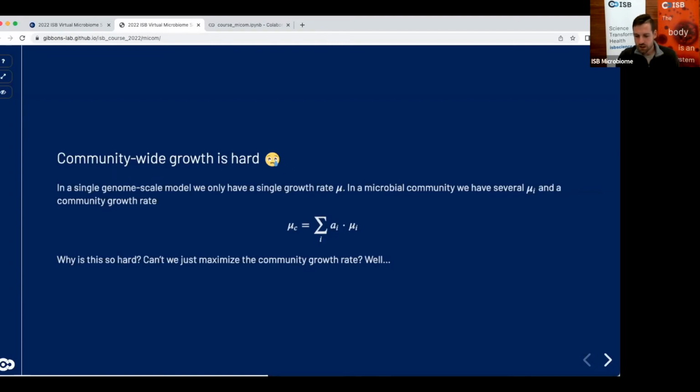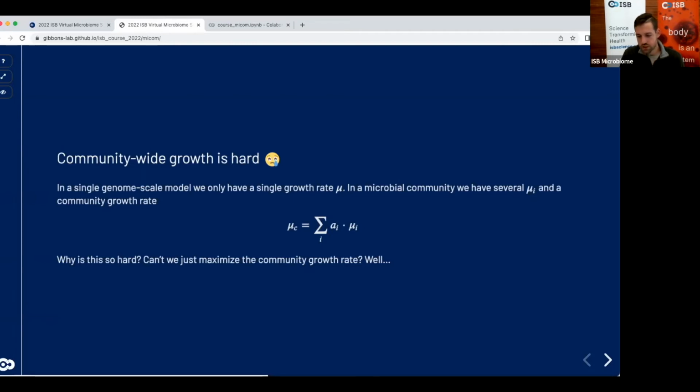In a genome scale metabolic model, for a single bacterium, we only have one growth rate, which we can designate mu. In a microbial community, however, we have several growth rates. We have mu sub i for each individual taxon in our community, and we also have an overall community growth rate designated mu sub C. Mu sub C can be calculated by summing together the abundance of each individual taxon multiplied by its own individual growth rate.